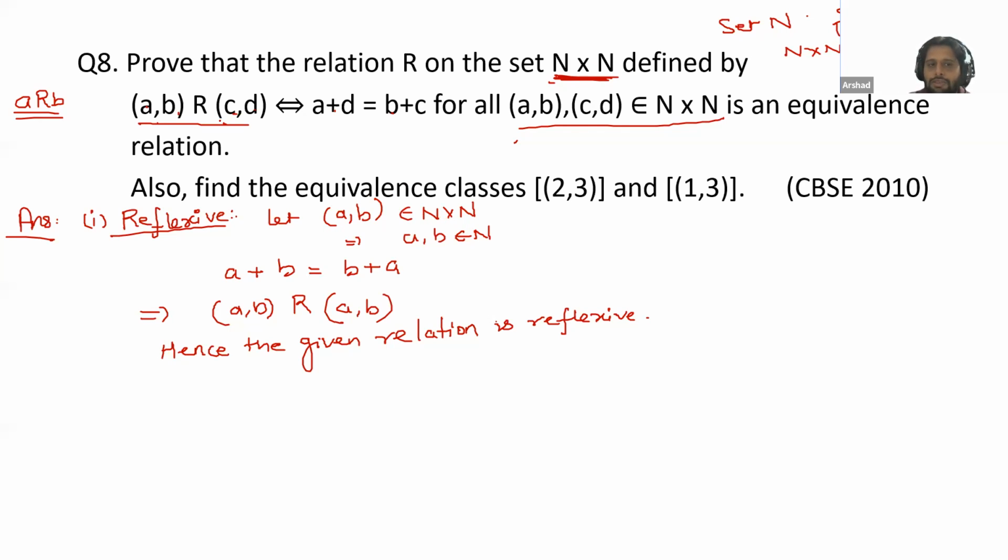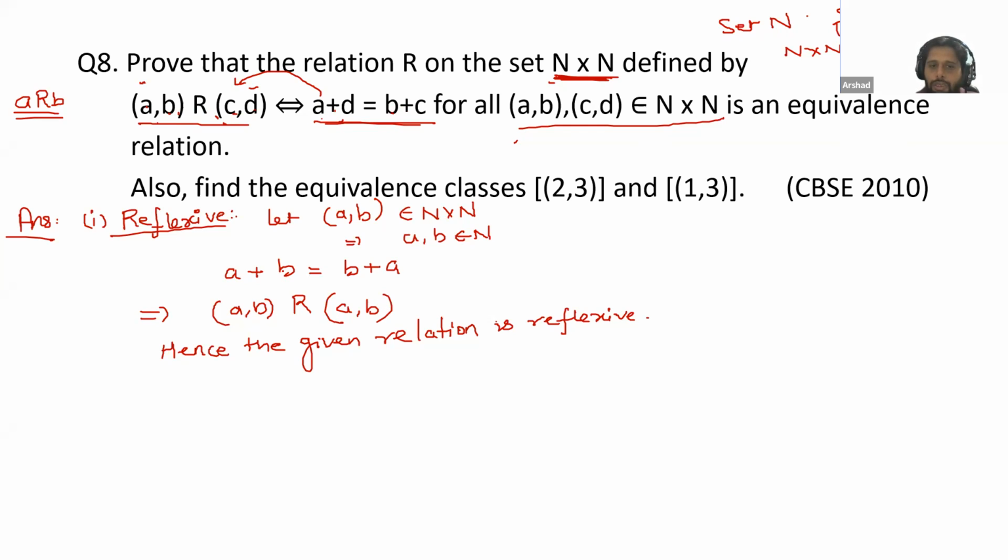Now we need this condition, because if we get this condition, then we can prove this one. What is the condition? A plus D, that means first and fourth, is equal to B plus C, that means second and third. Please check here. AB related with AB. What is the first value? A. What is the fourth value?